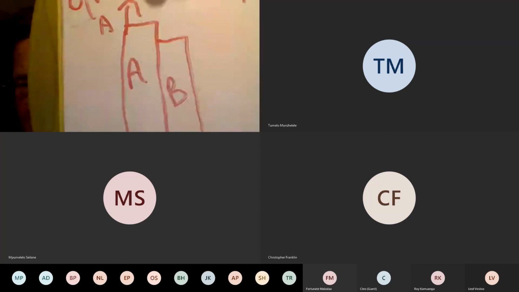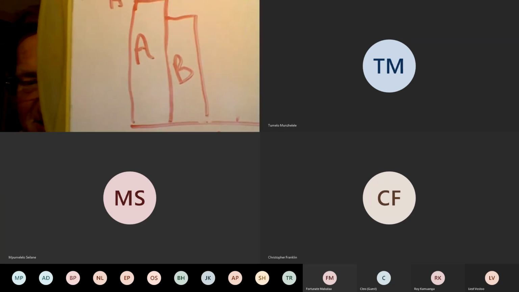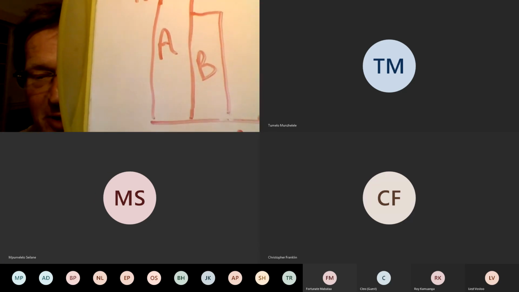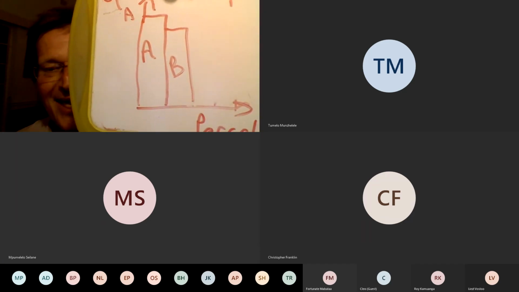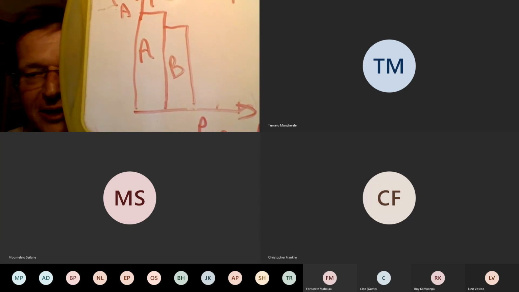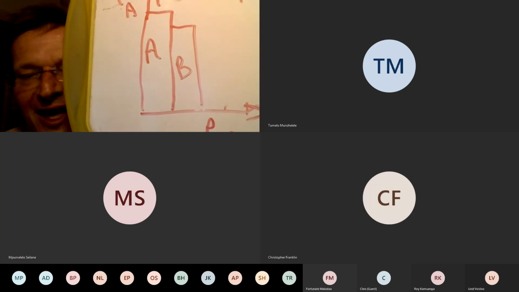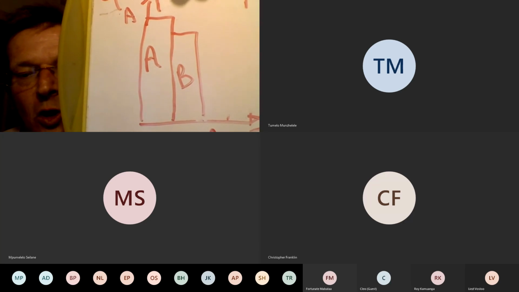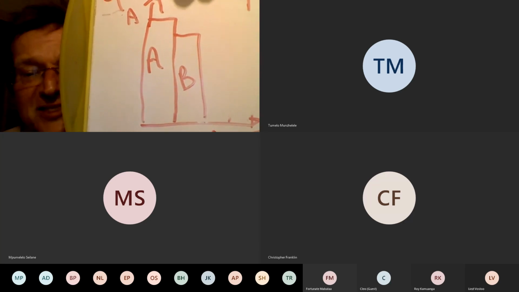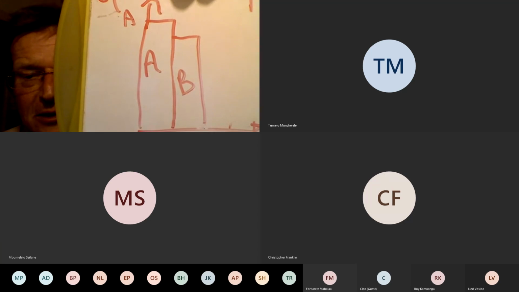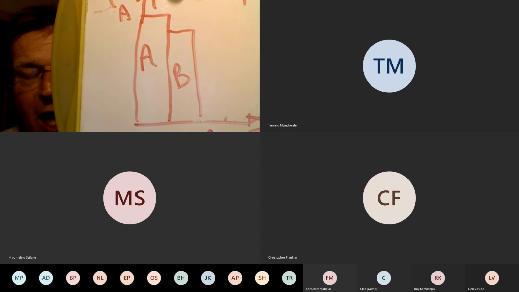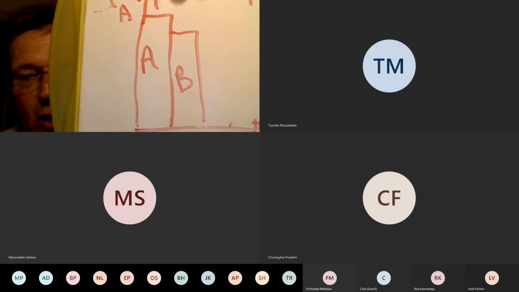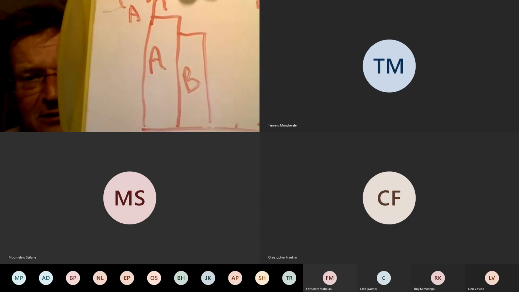So let's look at a capitalist or a farmer who's got an option. He can either cultivate land B or offer a higher price or higher rent for parcel A. What would be the rent that he's willing to offer for parcel A?